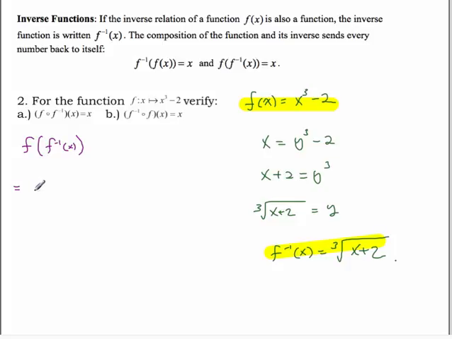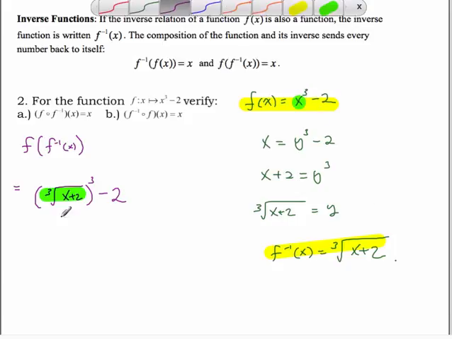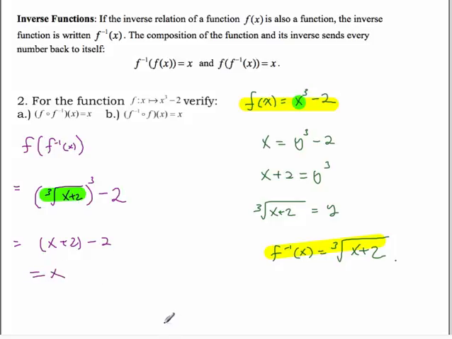What is that going to do? Cube root of x plus 2, cubed, minus 2. Notice that here, that was my x, right? Then, cube root of something cubed is going to be the something that's inside, minus 2, so that's just x.